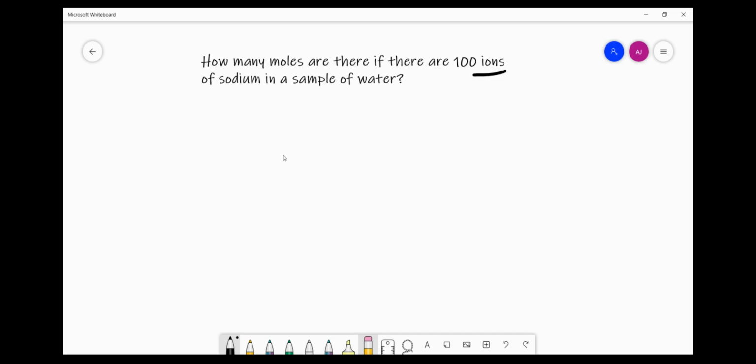I'm given the number of particles. And the particles in this case are ions. I'm asked to find the number of moles of sodium. So once again, we have an equation that relates particles and moles.